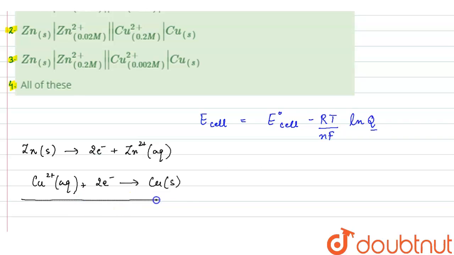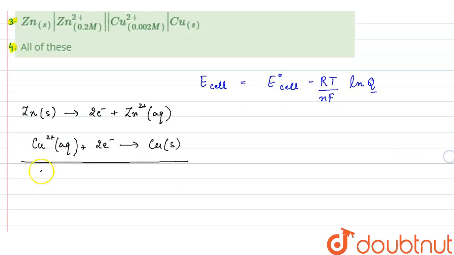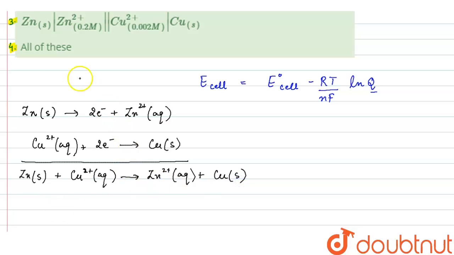When we add these, we get the resulting cell equation, that is Zn(s) + Cu2+(aq) gives Zn2+(aq) + Cu(s).